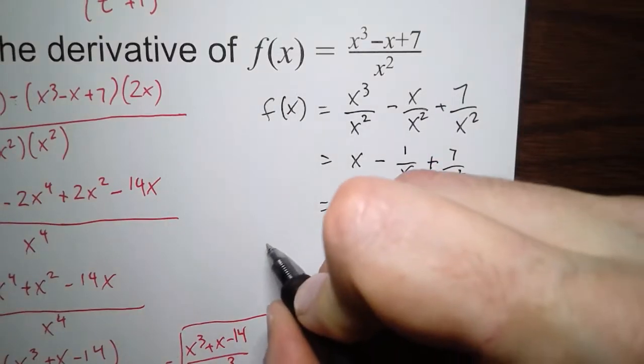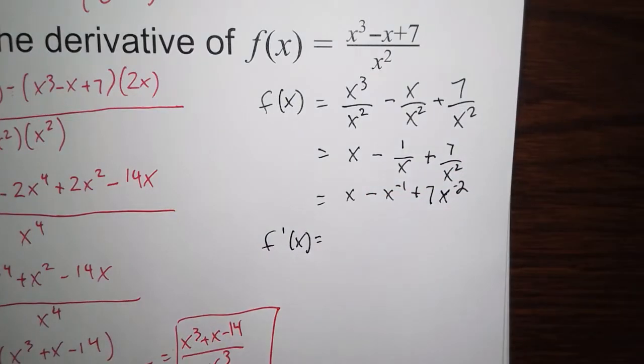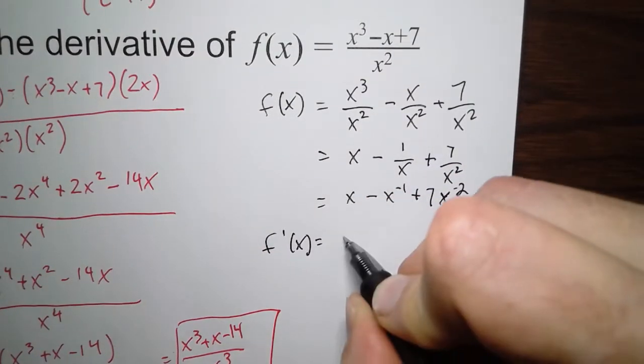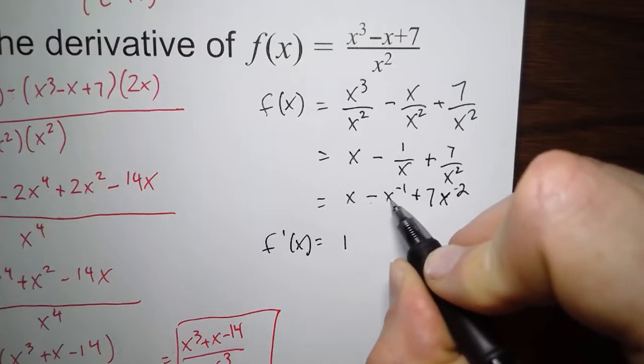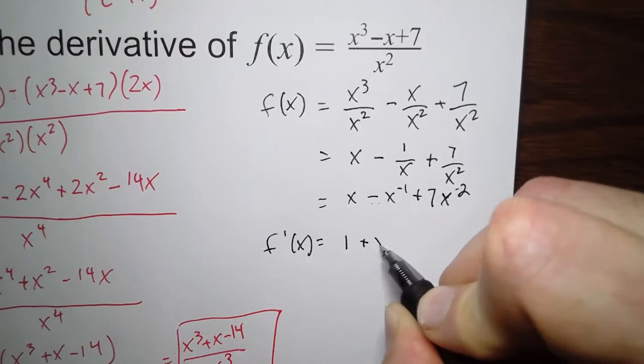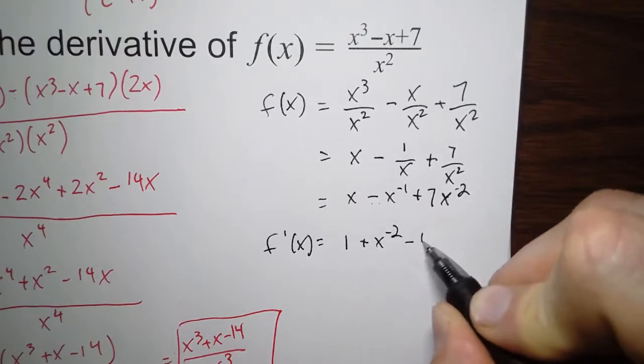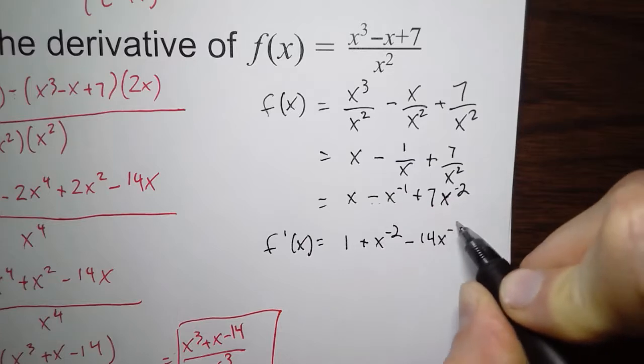Now, using power rule, f prime equals the derivative of x, which is 1. The derivative of negative x to the negative 1: the negative 1 comes down, so it's plus x to the negative 2. This becomes minus 14x to the negative 3.